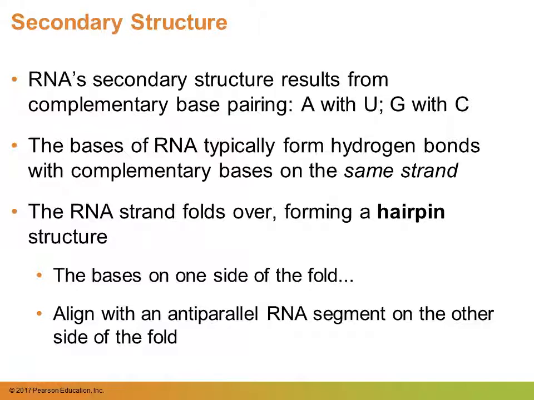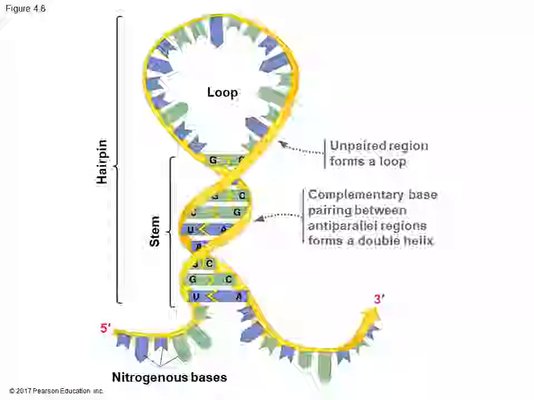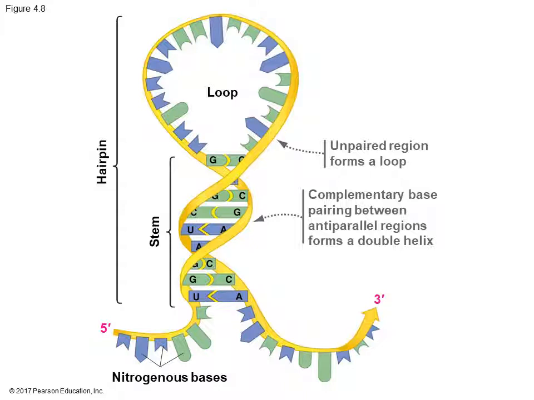So we have the RNA hairpin structure for a secondary structure. So in this diagram you can see that there's a loop, and that's why it looks like a hairpin, and then you can see that as the arms fold on each other that there's complementary base pairing.